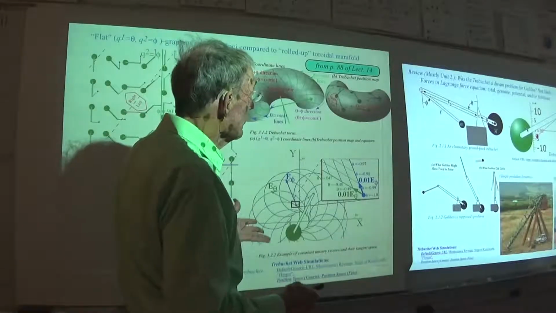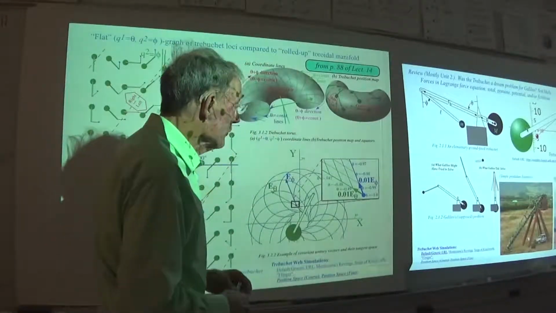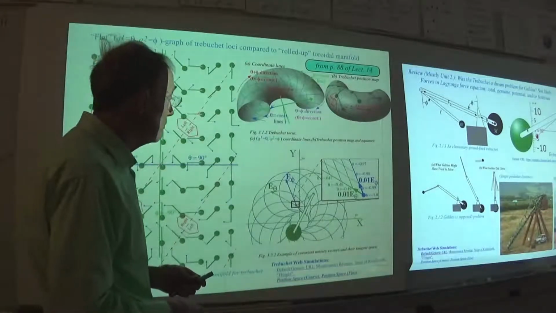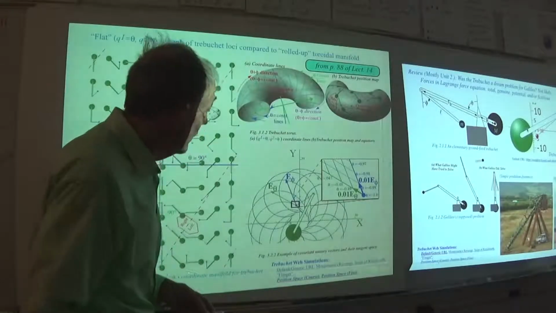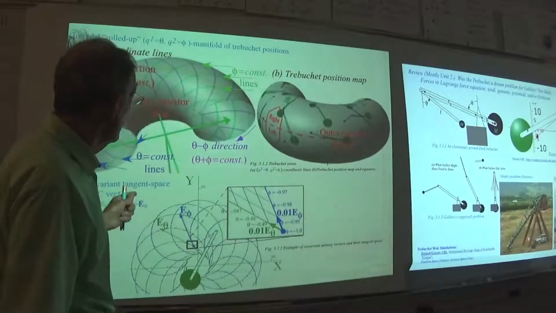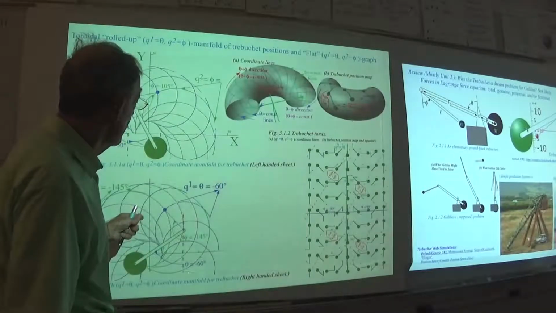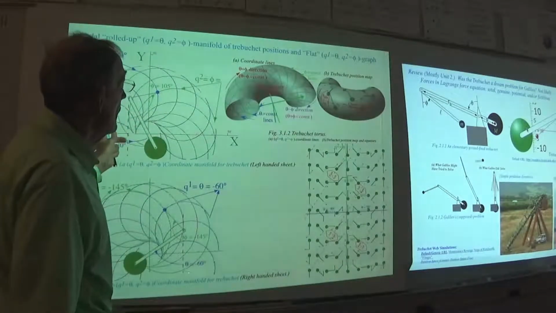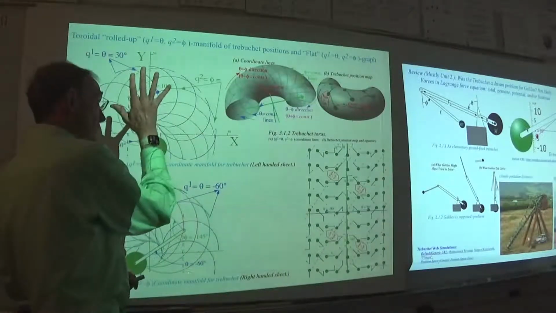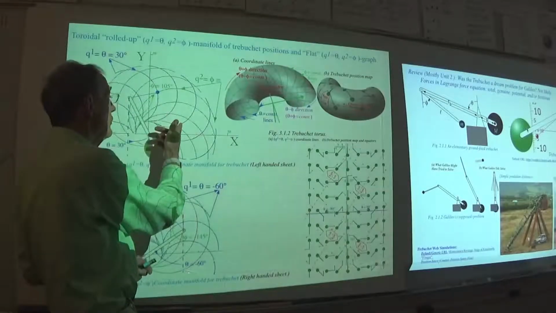The covariant ones make a lot more sense with regard to a Lagrangian problem. But having these two surfaces, that is, a surface here that looks three-dimensional, it is not three-dimensional, it's just two-dimensional.